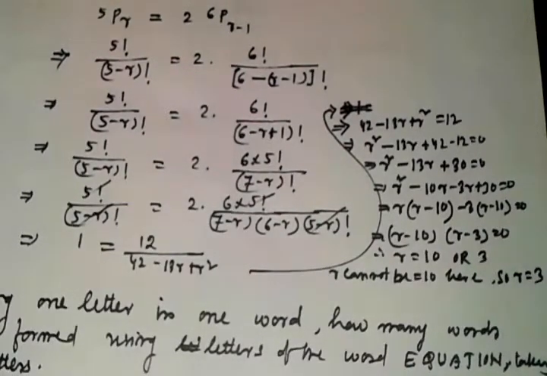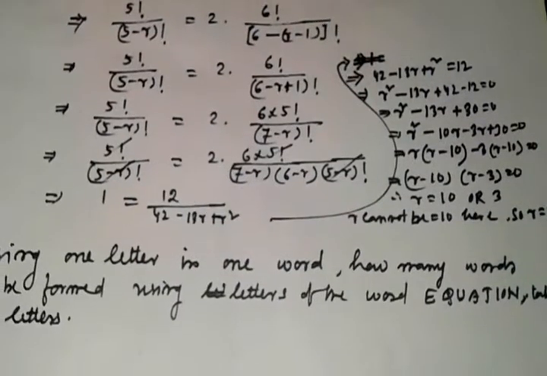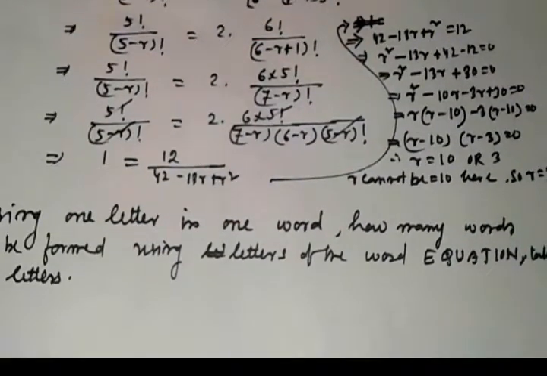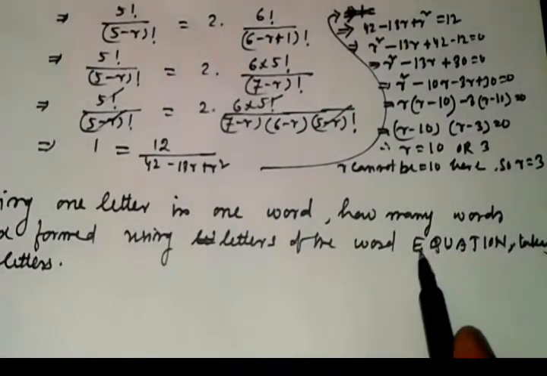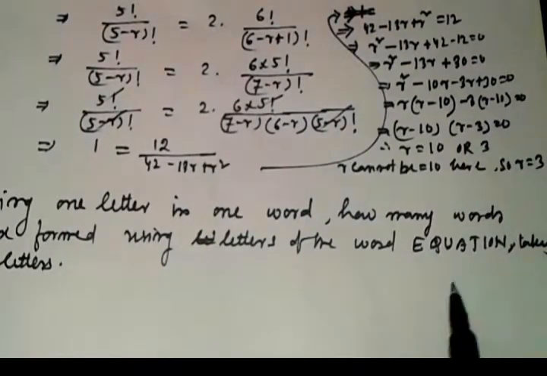Next problem: how many words can be formed using the letters of the word EQUATION, taking all the letters? At first we have to find out how many letters are there.